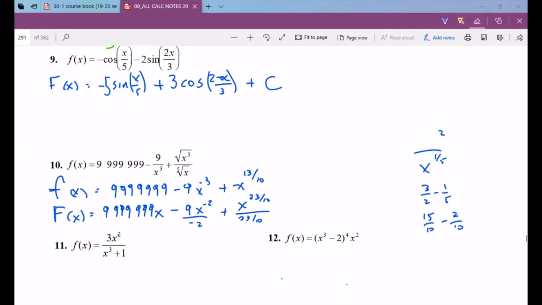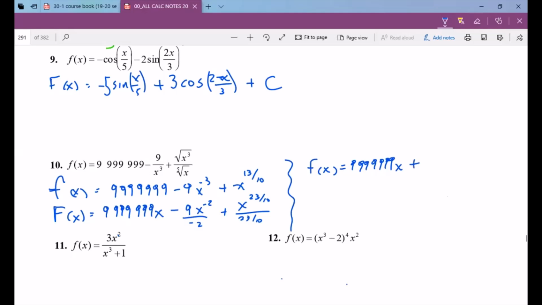I'm probably going to need to simplify that a little bit, so let's take one more step. And F of x is equal to 9,999,999x. Can clean this up.